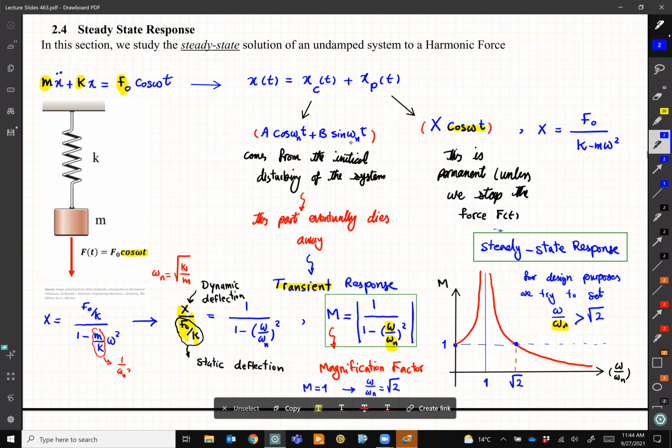Let's say you turn on your motor, that's just going to be the first few seconds. That's why we call it transient. Not that we don't care about it. There are times that we care about it, especially in courses like control. But here in vibration, no. And that's why we are going to shift our focus for most of the problems that you will see to xp, the particular solution.